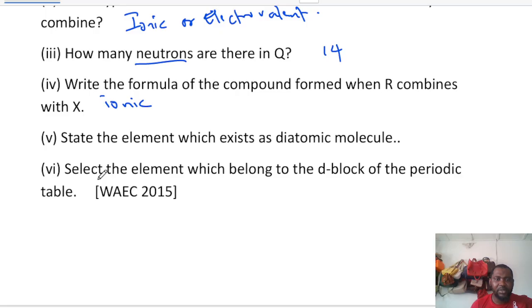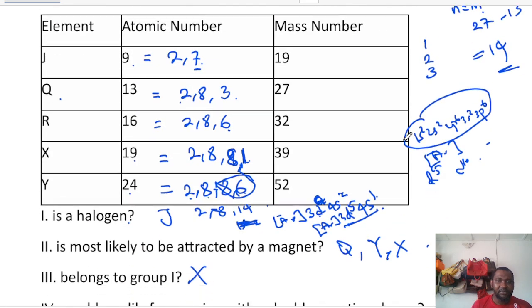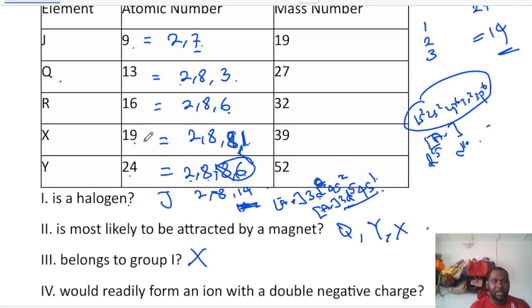Now the next question says, state the element which exists as a diatomic molecule. Only non-metals can exist as a diatomic molecule, like the group 7 elements, fluorine, chlorine, bromine, the group 6 elements, the group 5 element like nitrogen. So let's look at that. Diatomic, this is fluorine actually.